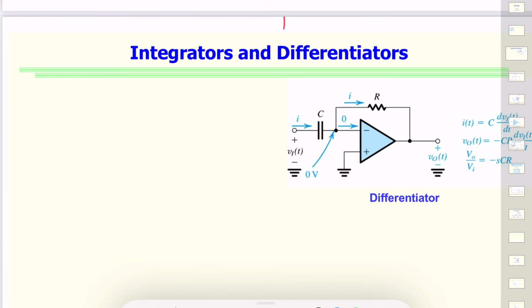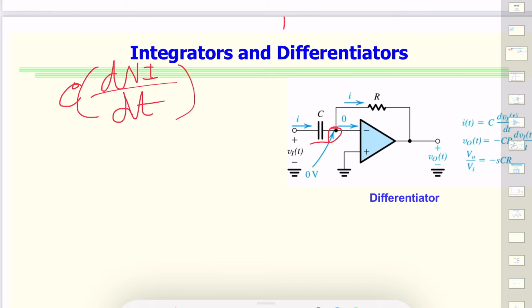So the whole voltage is supplied across this, and that's resulting in accumulation of charge, which is causing that current to flow on the other side, and this current is C dVi over dt, and this is passing through the resistor, so our output is minus CR dVi over dt.